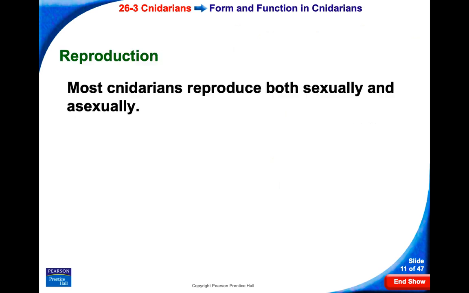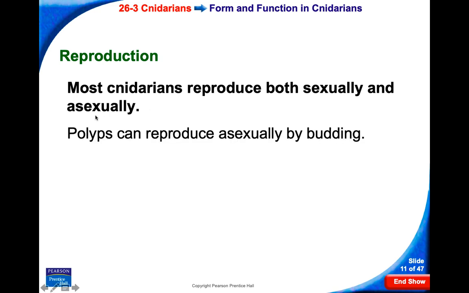Okay. In terms of reproduction, most cnidarians reproduce both sexually and asexually. So remember, sexually involves having male and female involved, whereas asexually can be done with just a single parent. Okay, and it depends on the stage. For the most part, when it comes to asexual reproduction, that's how the polyps, those younger forms, the sessile polyp stage, tend to reproduce.